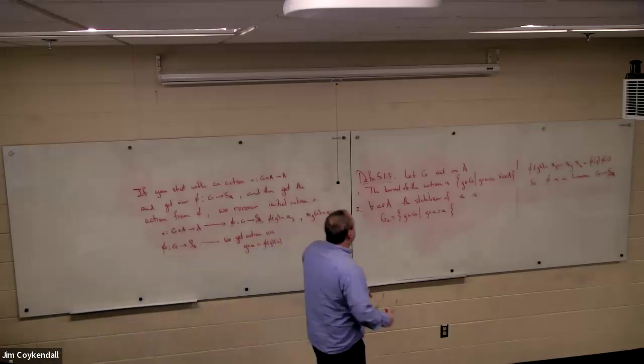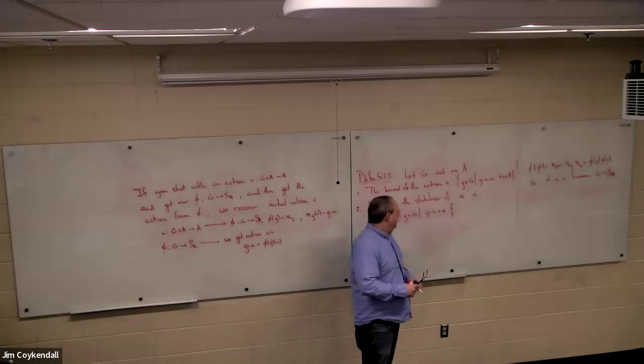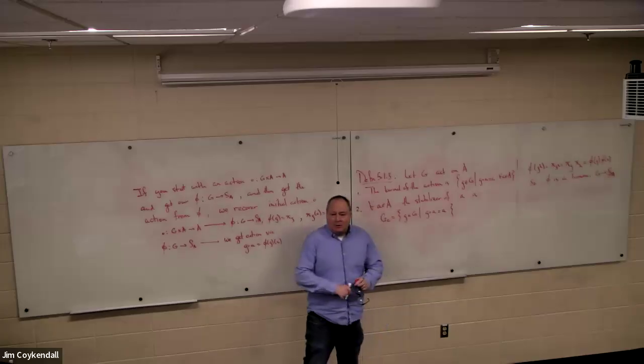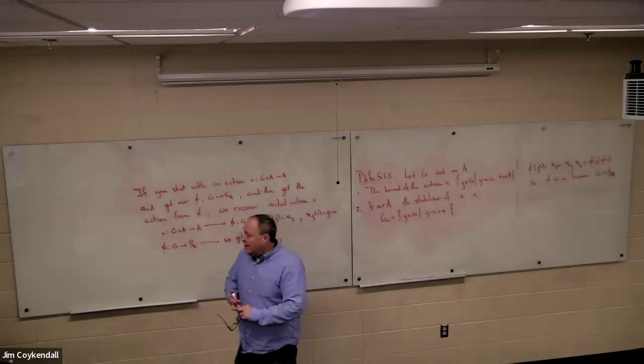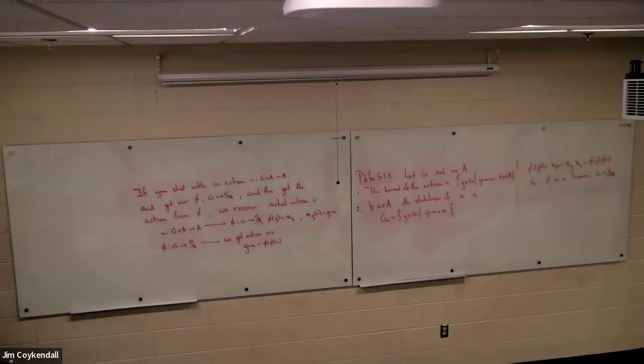So the stabilizer of a particular element is everything in G that leaves that particular element alone. Notice for any element a, the identity is always in the stabilizer. Everybody agree with that?